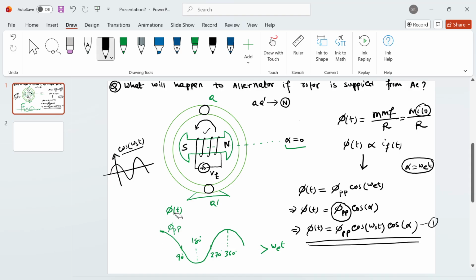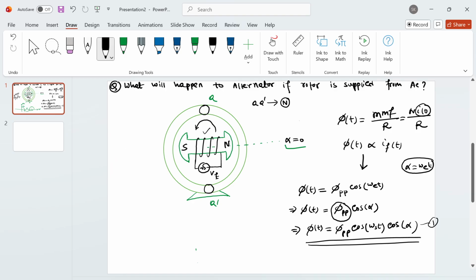So what will happen if I rearrange these equations? Let's say phi of t equals flux per pole by 2 cos omega_s t cos alpha.